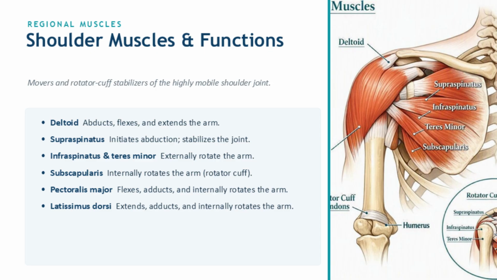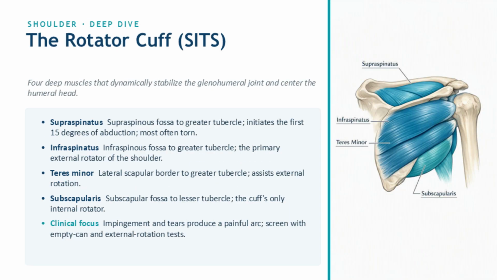Among all shoulder muscles, a small but critically important group deserves special attention: the rotator cuff. The rotator cuff is a group of 4 deep muscles that surround and stabilize the glenohumeral joint. While larger muscles create powerful movement, the rotator cuff acts like a dynamic stabilizing system. These muscles help maintain proper alignment of the humeral head within the shoulder socket during movement.